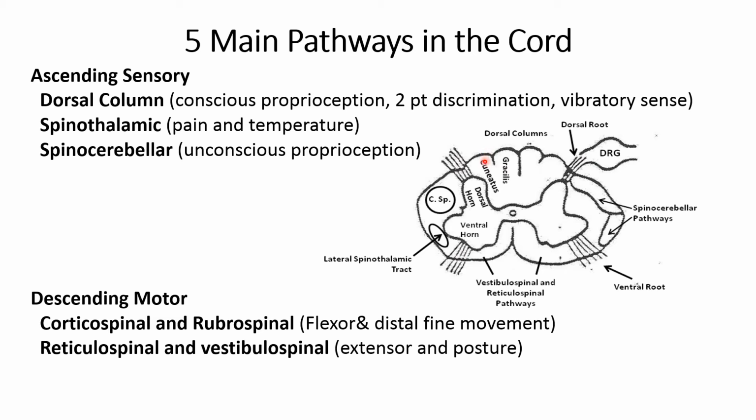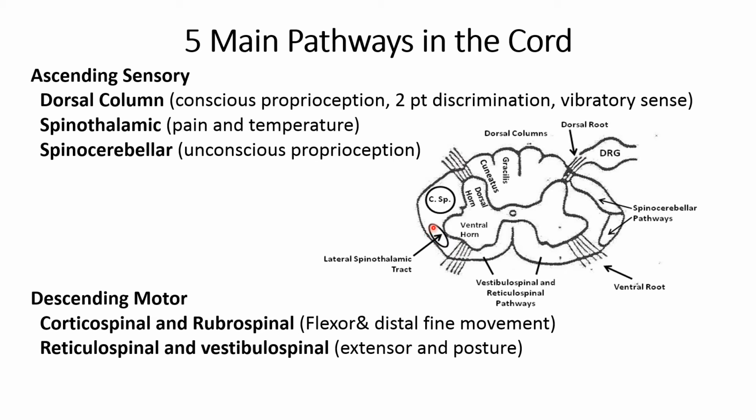The dorsal columns are located on the dorsal portion of the spinal cord, and those for the legs are located in the gracilis fasciculus. Those for the arms are located in the cuneatus fasciculus. We also have information for pain and temperature coming in the spinothalamic pathway, which is recognized over here in a lateral position.